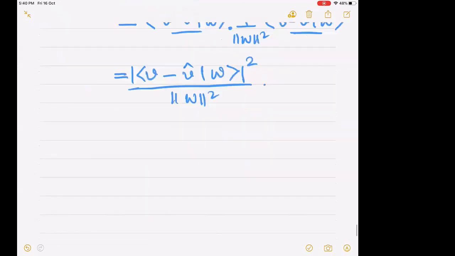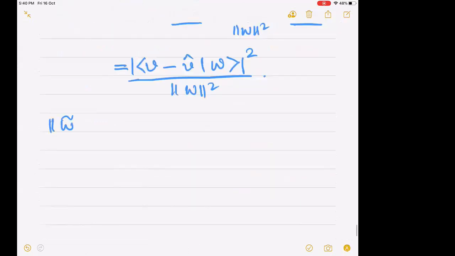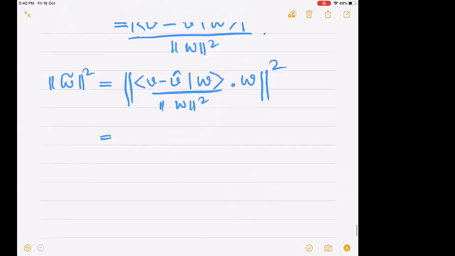Okay. What about the second term, W tilde norm squared? This would be the norm squared of this whole thing. Let us once again expand this out. This is a scalar, so the homogeneity property tells me that its magnitude squared will come out.